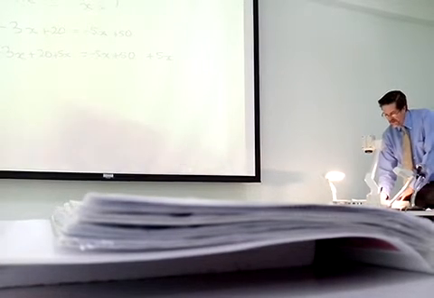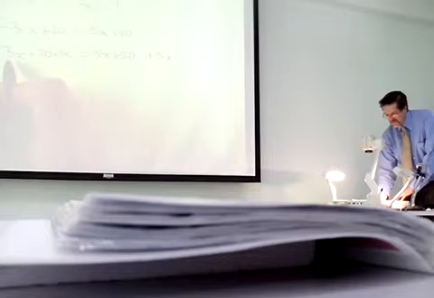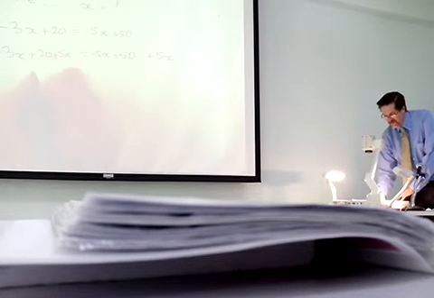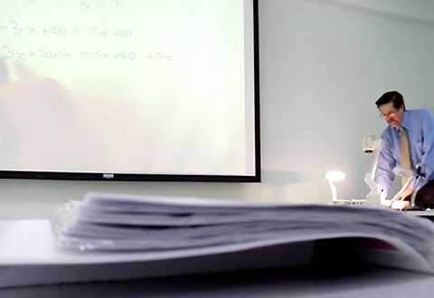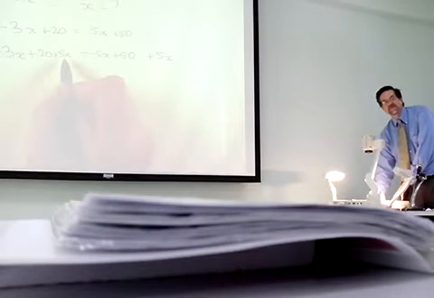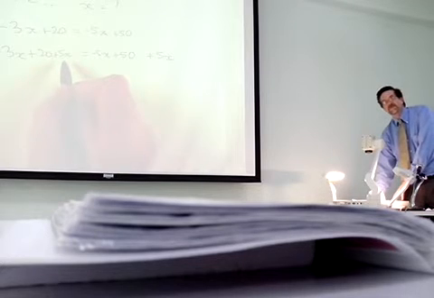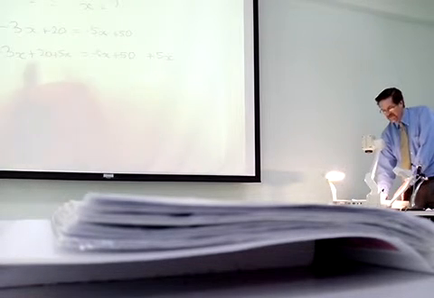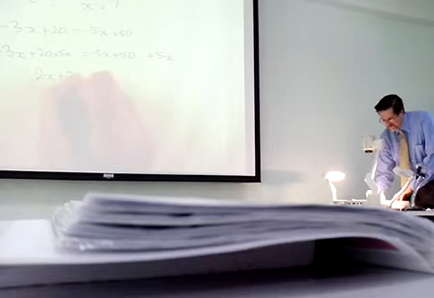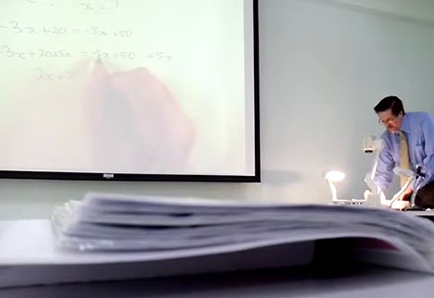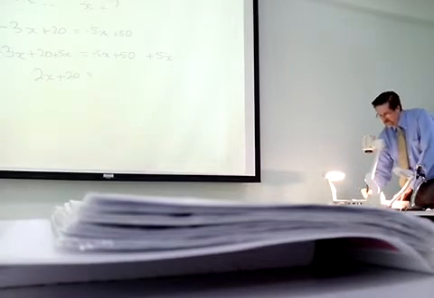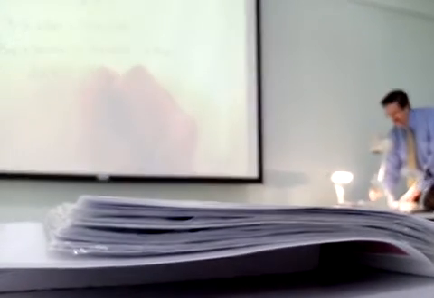Yes. All right, so if I do that, negative 3x plus 5x is not negative, it's 2. So 2x plus 20, and then the negative 5x plus 5x cancels. So I get left with 50.